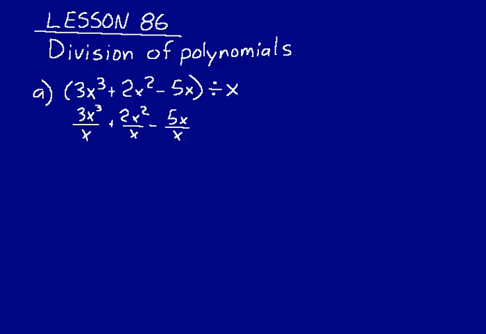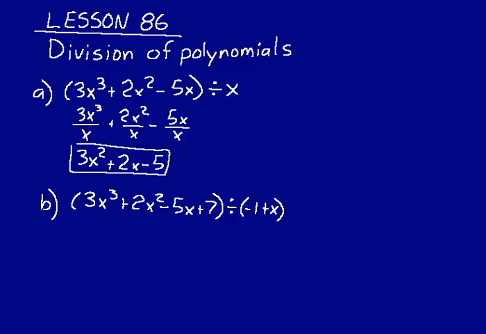And so now we can use our negative exponent rules that we know about. X cubed over x would just be x squared, and so we'd have 3x squared plus 2x minus 5. And so that's all we do there to divide a polynomial like that.